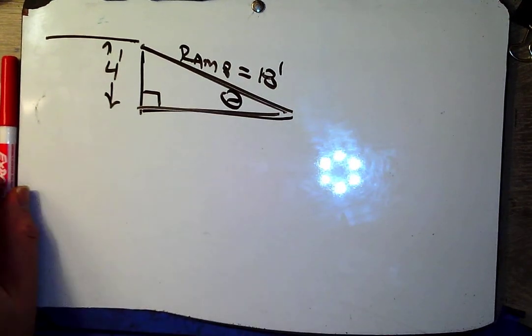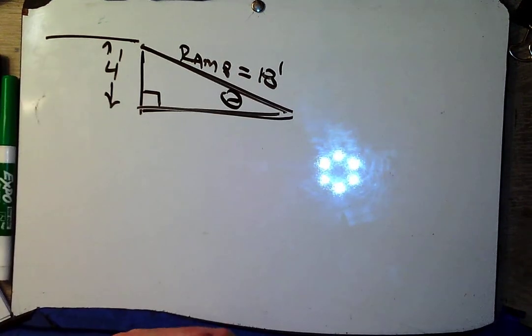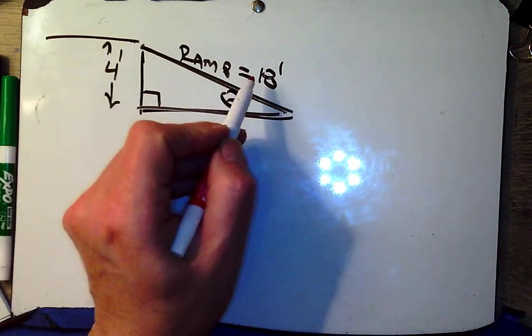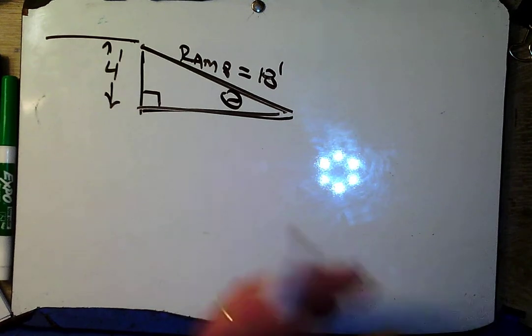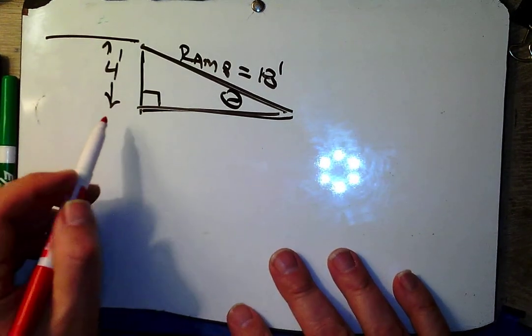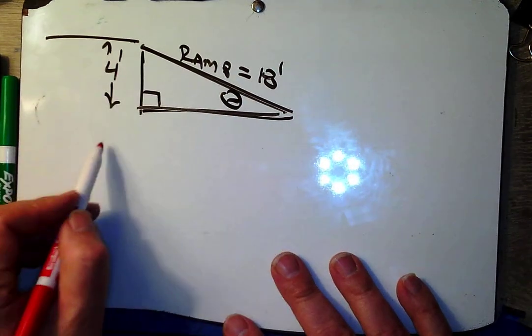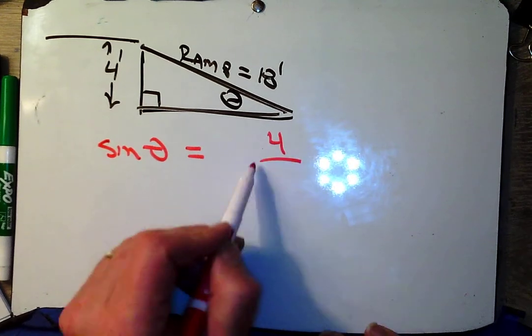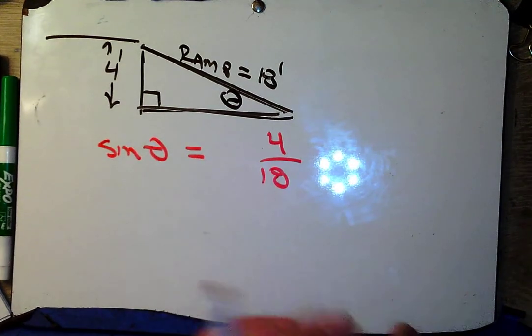Okay, so which trig function can we use in this situation? I'm looking for theta. I know the opposite side, and I know the hypotenuse. What trig function could that be? Opposite and hypotenuse. That's going to be sine of theta equals 4 over 18. But remember, we don't want sine of theta.